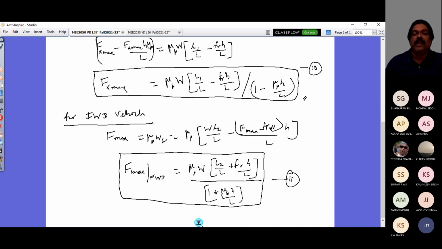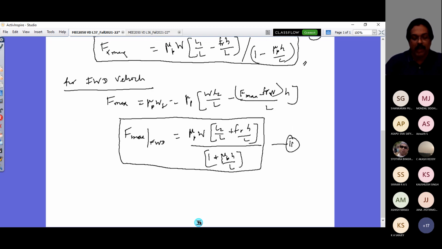So in this entire derivation, we had some important assumptions. What are those assumptions? We have not looked at the rotational effect that can be coming from your engine. So the engine can be a longitudinally mounted engine or a transversely mounted engine with reference to its crank shaft axis. So if it is a longitudinally mounted engine, then you would have a lateral load transfer, and that is neglected.